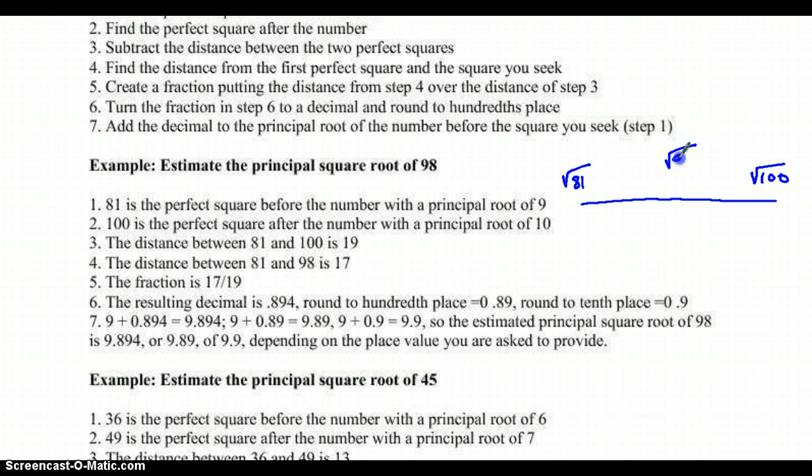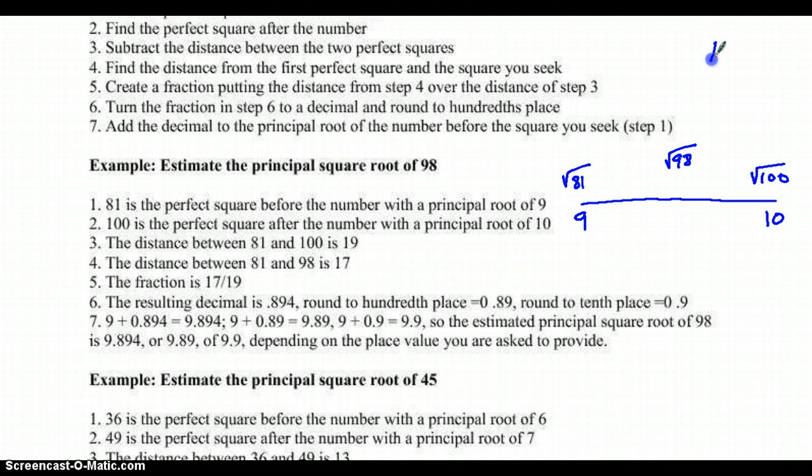What we know is that 9 times 9 will give us 81, and 10 times 10 will give us 100. So we've created this before and after number. That means 81 is before, which is root 9, and 100 is after, which is root 10.